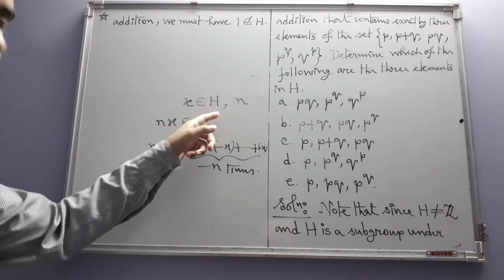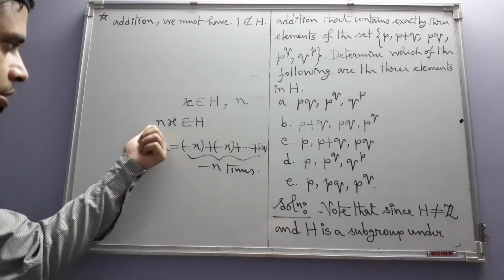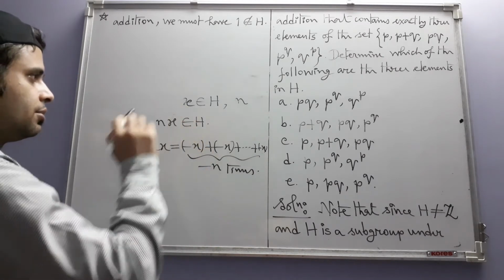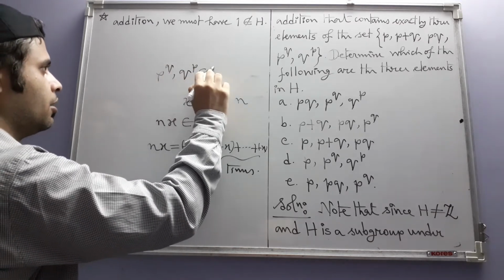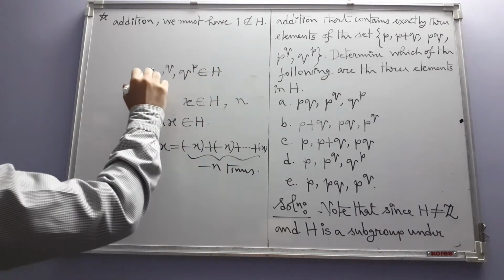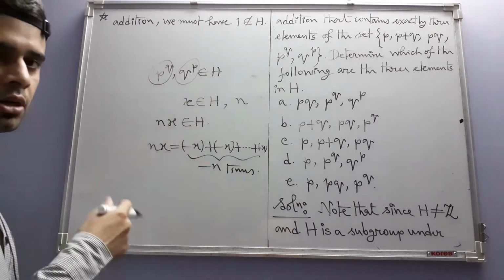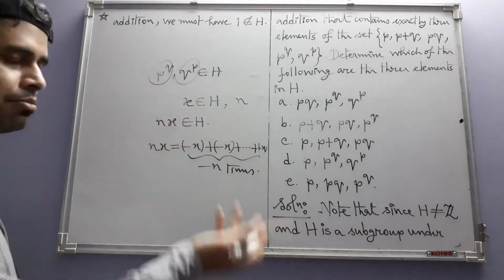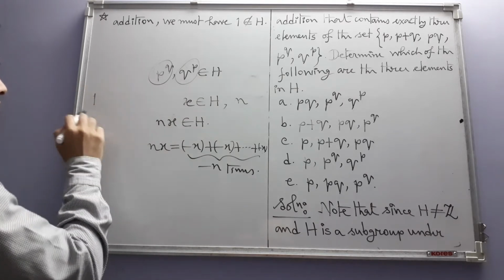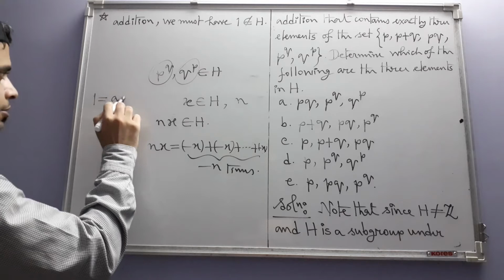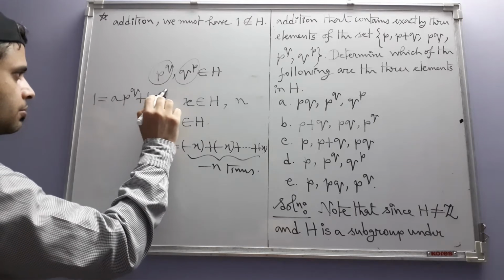Since x belongs to H, all these minus x's will belong to H, and so their sum, which is equal to nx, will also belong to H. So you see that if p to the power q and q to the power p belong to H, then multiplying each by any integer, those products will also belong to H, and hence their sum will also belong to H. But since these two integers are relatively prime, we can find integers a and b such that 1 is equal to a times p to the power q plus b times q to the power p.